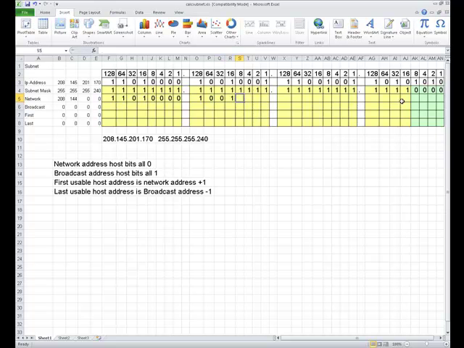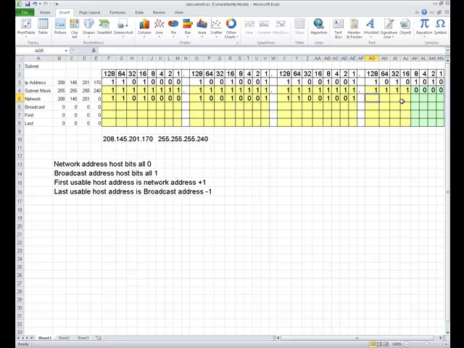Again, Boolean algebra. 0 0 0 1, and I keep looking back to be sure that I'm getting the right address. 208.145, 1 1 0 0 1 0 0 1, 201.